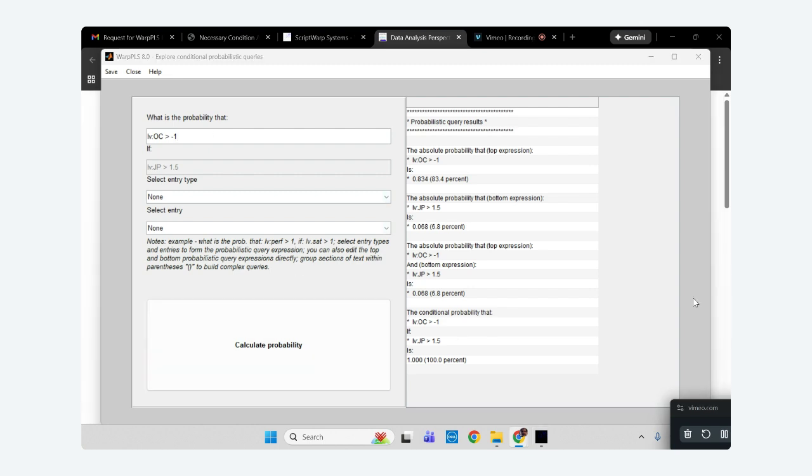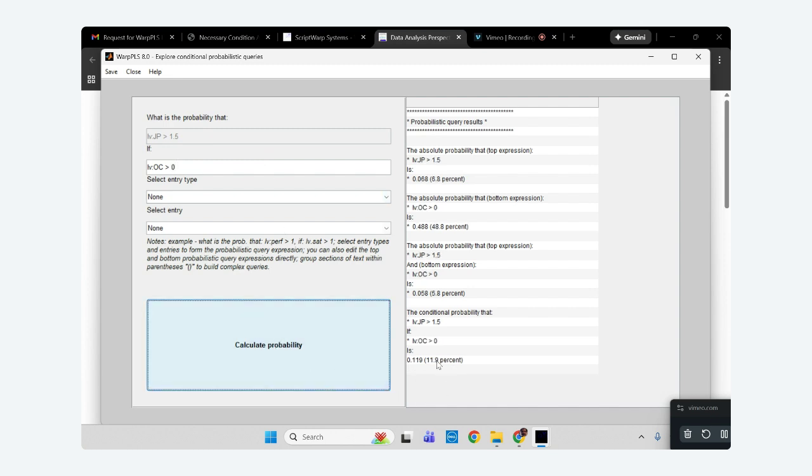Now let's look at a sufficient condition analysis. So what I'm going to do is copy this down here and then this one at the top. So now in my conditional probability query, I want to find out what the sufficient conditions are for JP to be very high. And let's see if OC being above average is enough.